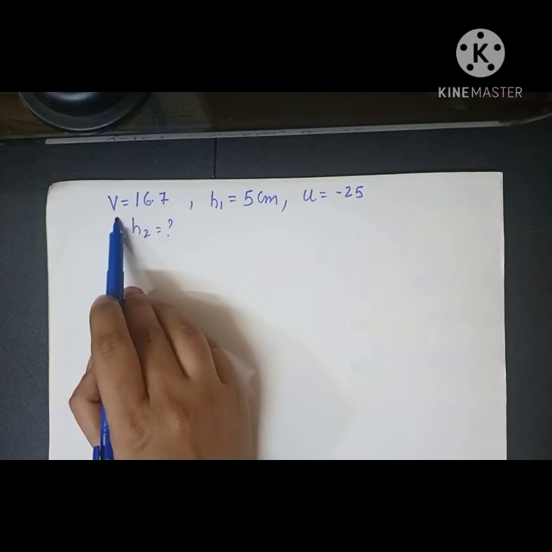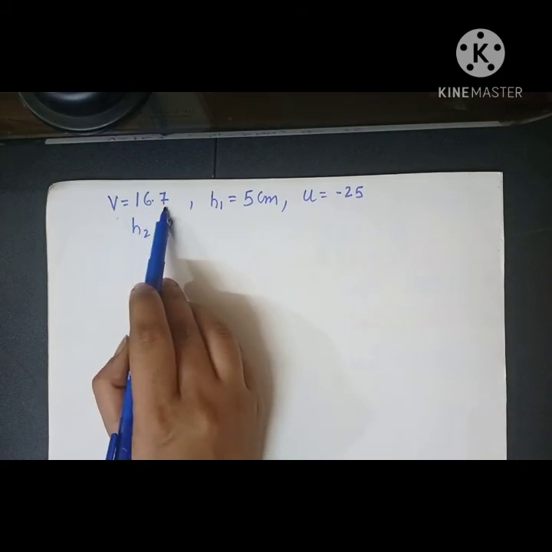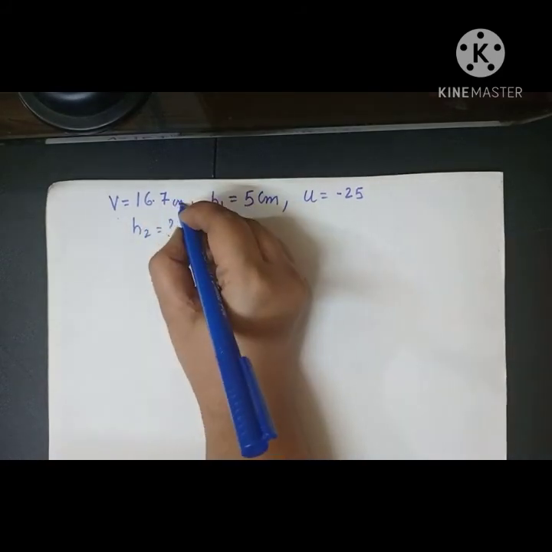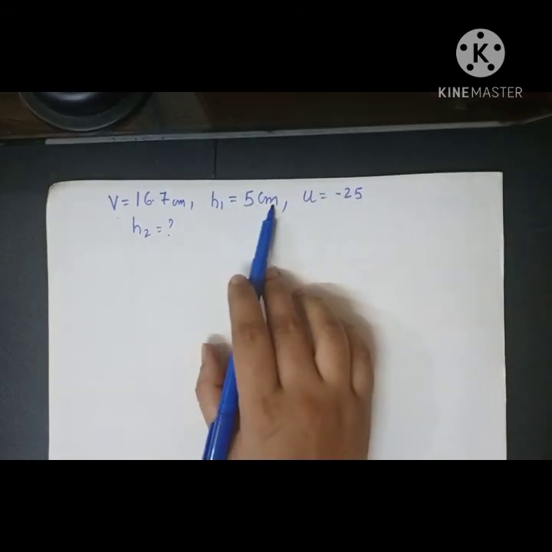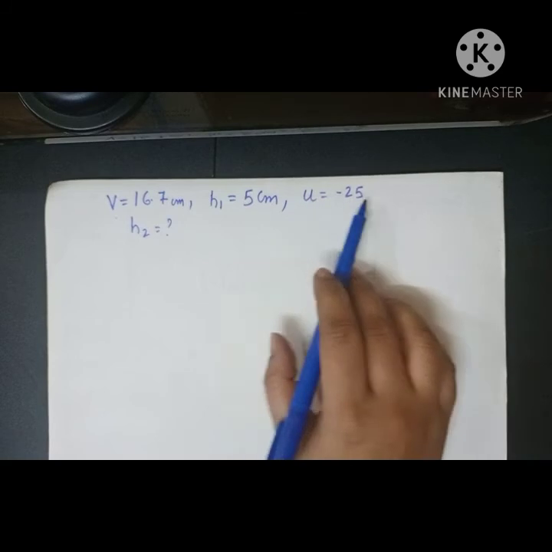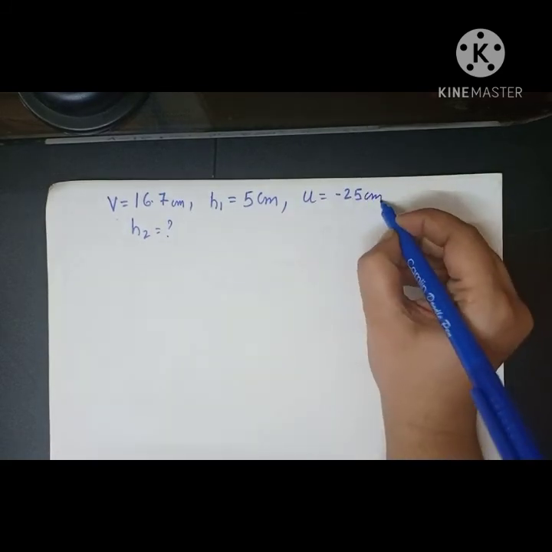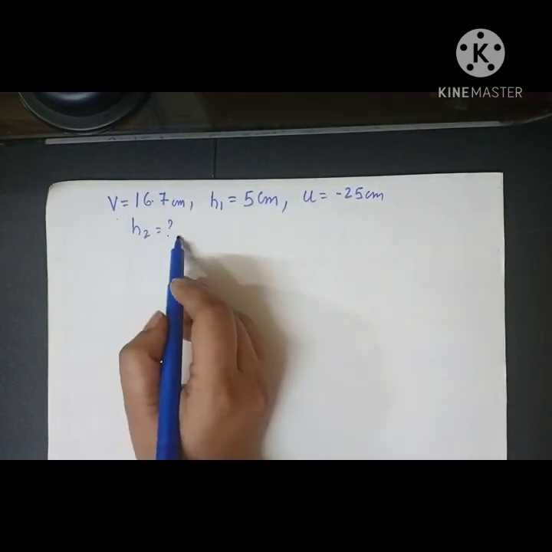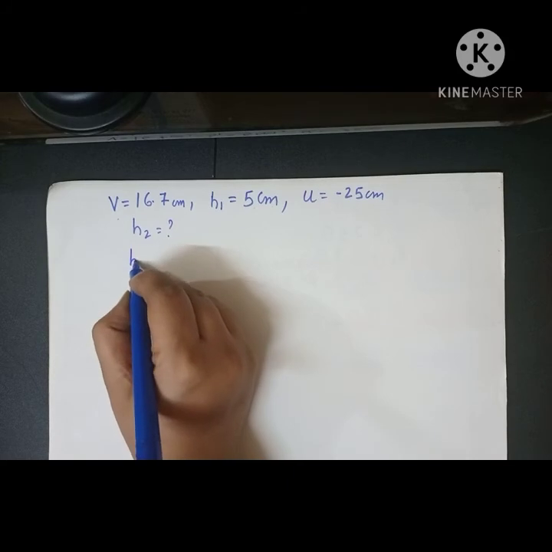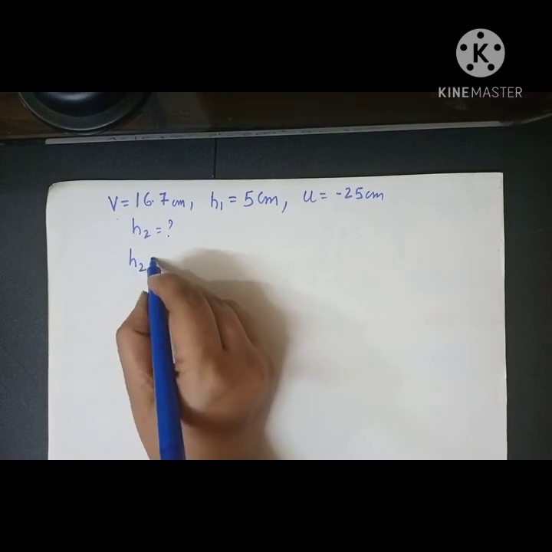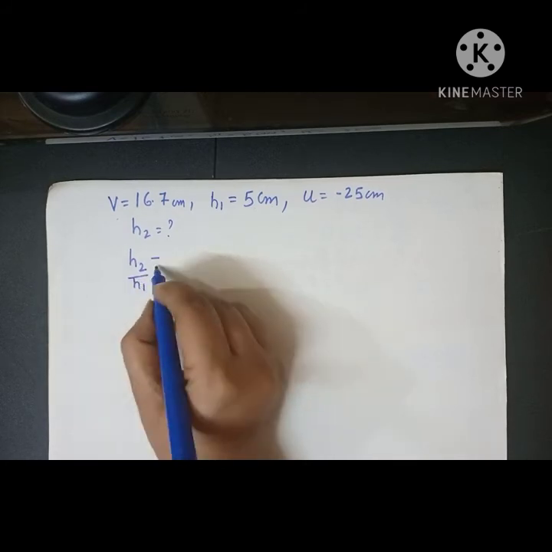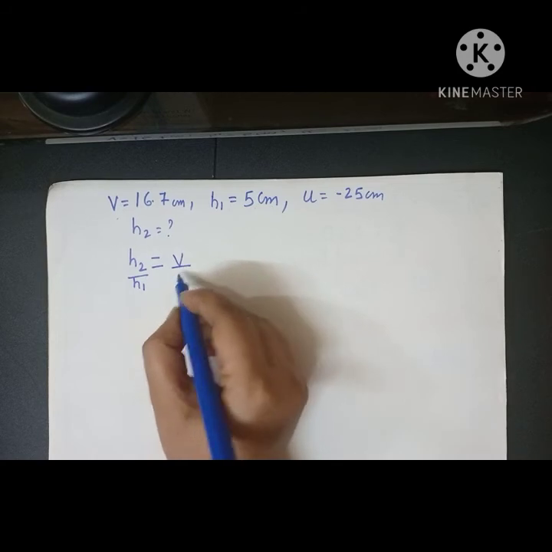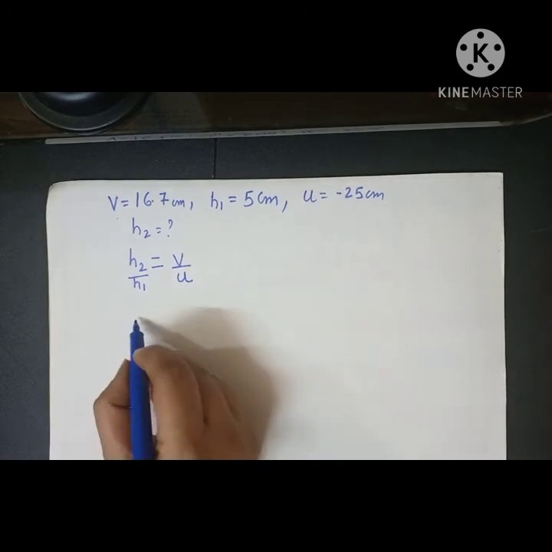So student, we have v is equal to 16.7 centimeter. We have h1 is equal to 5 centimeter. u is equal to minus 25 centimeter. We have to calculate h2, substituting the formula of magnification, that is h2 upon h1 is equal to v upon u.